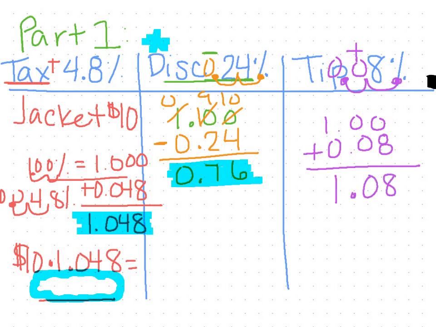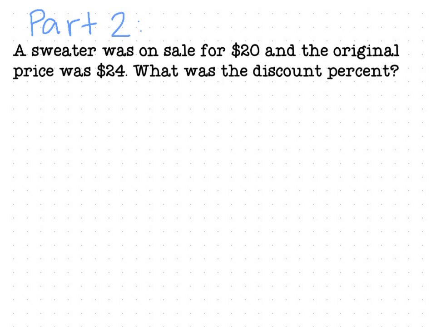So with tip, we add on and we end up with 1.08. And we would expect our answer to be more than whatever our bill was because we added on the percent tip. That's the end of part 1. Go ahead and do the practice and then come back to the video for part 2.